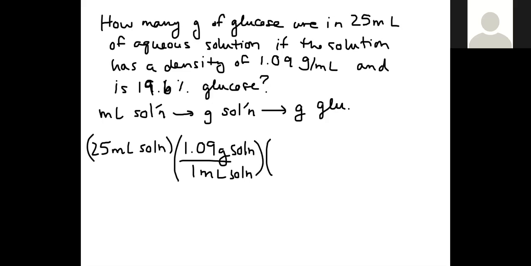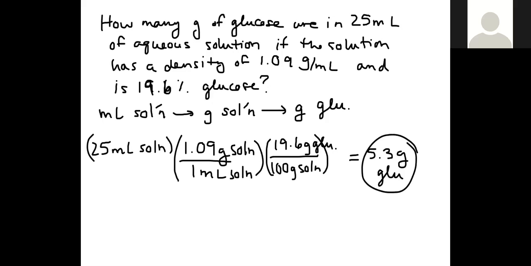And what do I assume goes on the bottom there? 100 grams. So 100 grams of solution and 19.6 grams of glucose on the top, which gives us 5.3 grams of glucose.